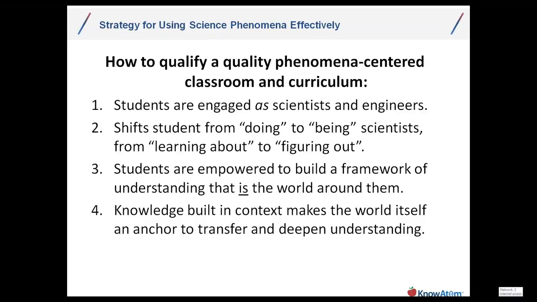So what I mean by that is, if what drives instruction is real world context, quote unquote phenomena, then what students are learning to do is to analyze, evaluate, and create in the context of the real world. And by virtue of doing that, the real world around the student is actually the anchor for their understanding. I don't know if that's too nuanced, so if anybody has questions about that, please ask.